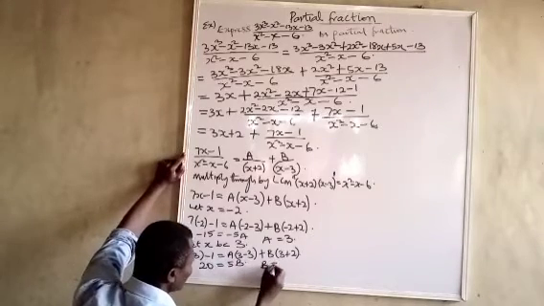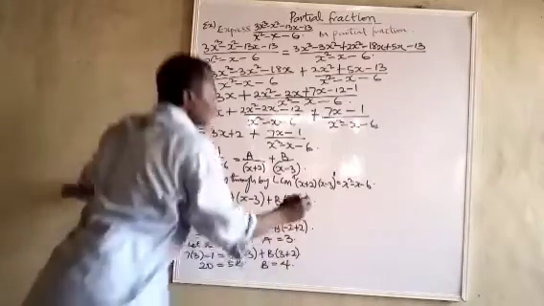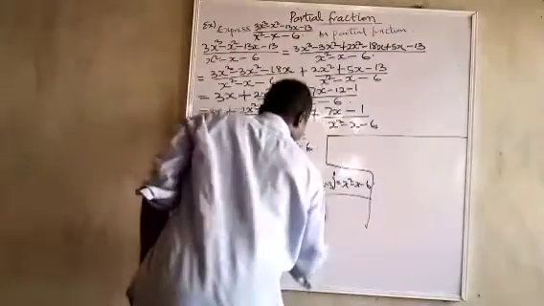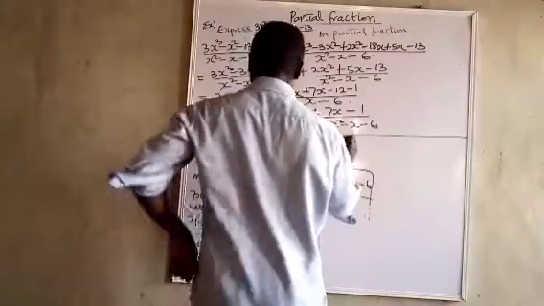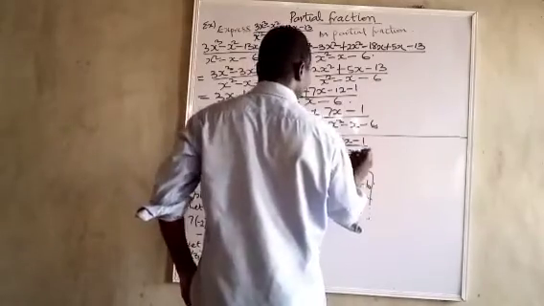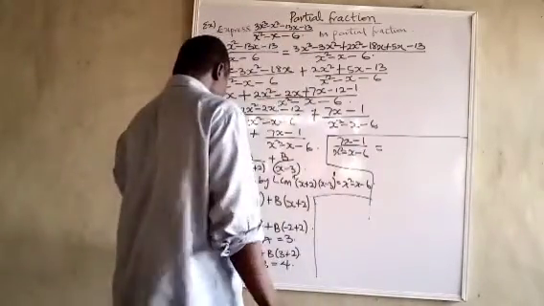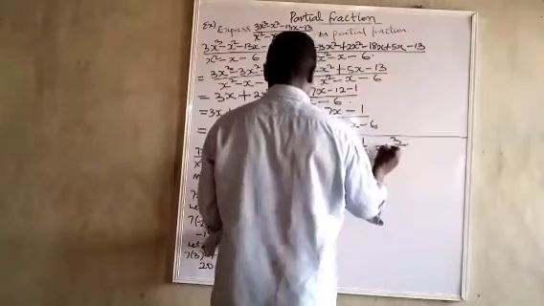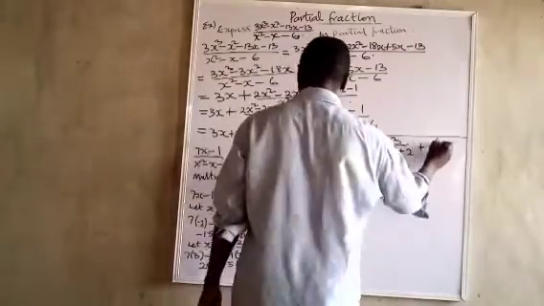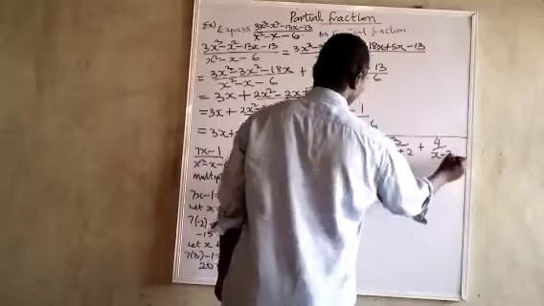So B is equal to 4. At the end of the day, this portion, 7x minus 1 over x squared minus x minus 6, is going to give me 3 over x plus 2 plus 4 over x minus 3.